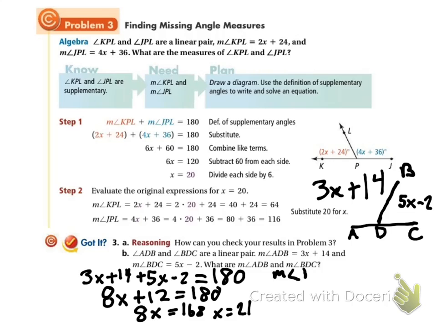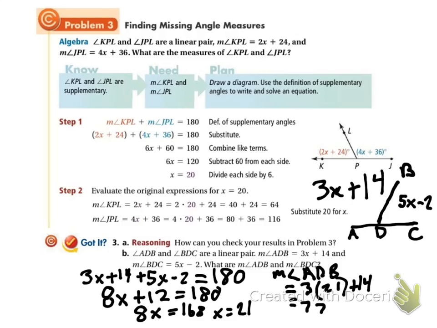So the measure of angle ADB is equal to 3 times 21 plus 14, which is 63 plus 14, which is 77.